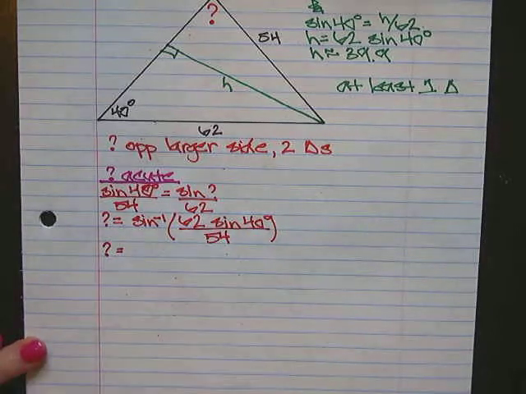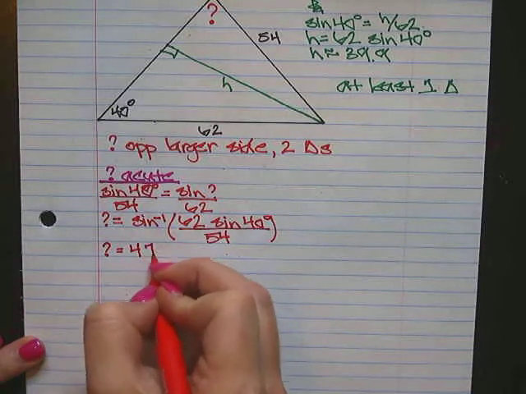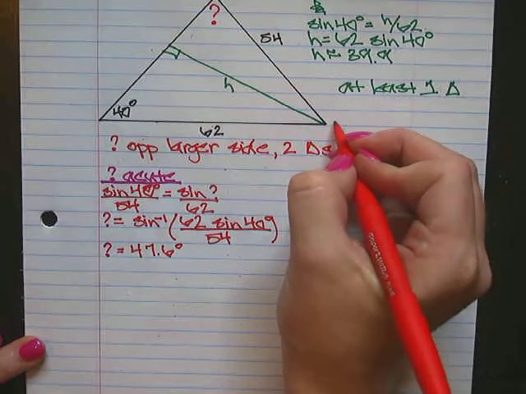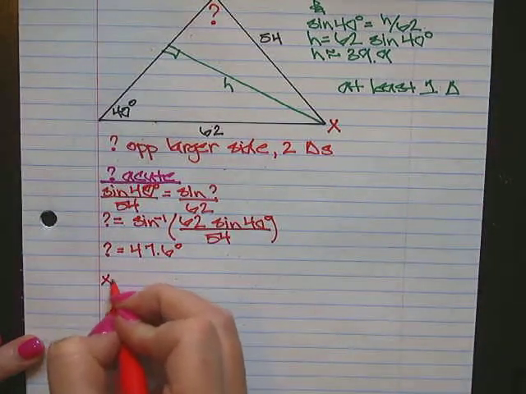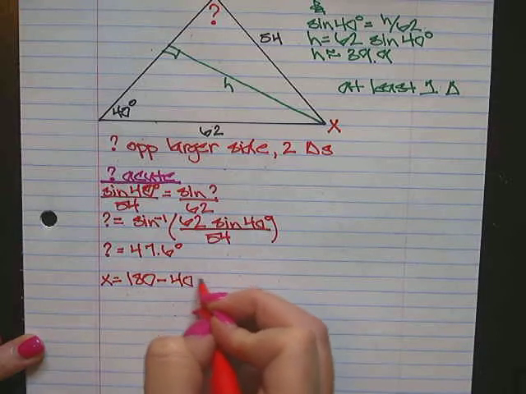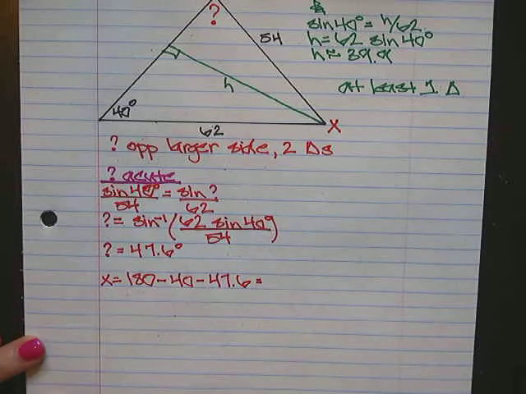Once we cross multiply and divide, our question mark angle is the inverse sine of 62 sine 40 divided by 54. The inverse sine of that is 47.6 degrees.